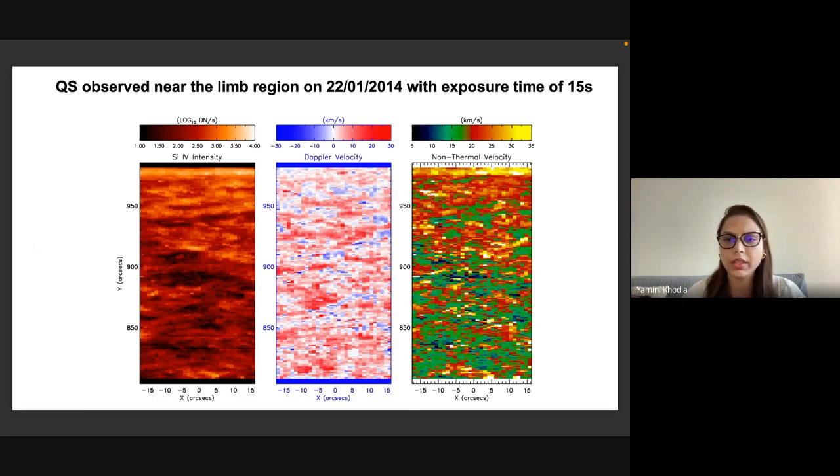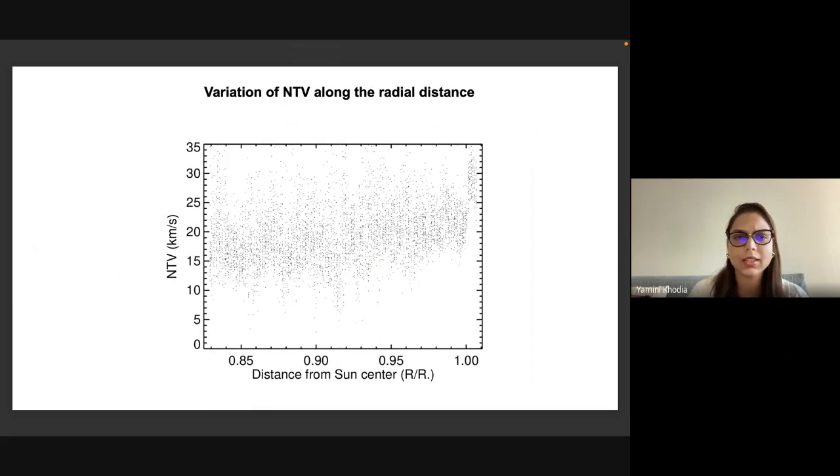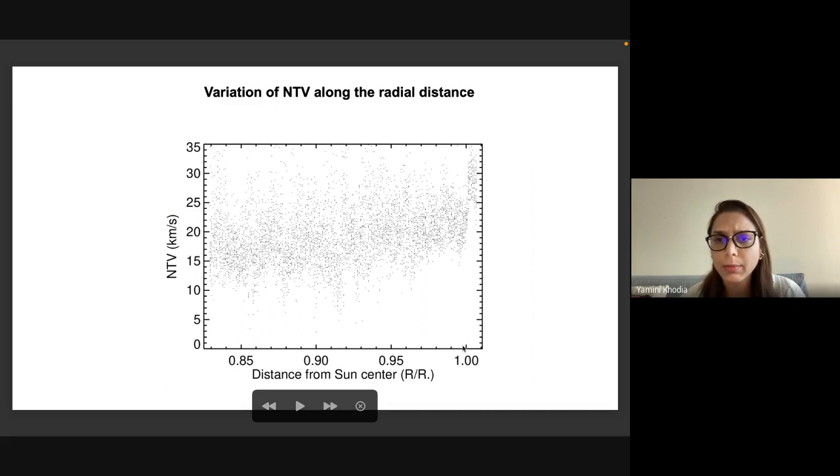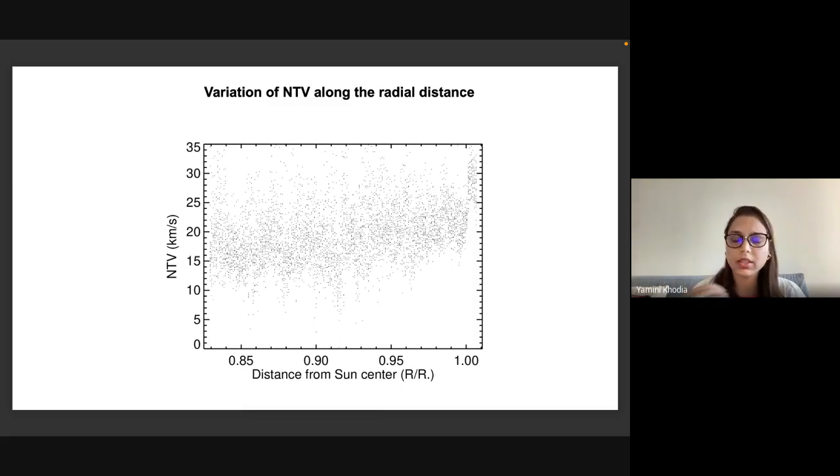This is the scatter plot of non-thermal velocity, and as you see, the non-thermal velocities on the disk range from 10 to 30 kilometers per second. But as you go just one radial distance higher, the values show a sudden jump, and they get shifted to values higher than 25 kilometers per second.